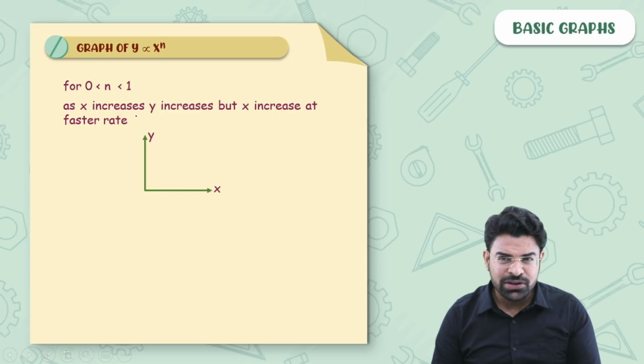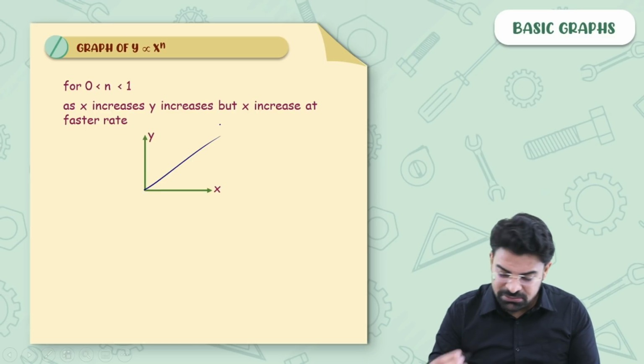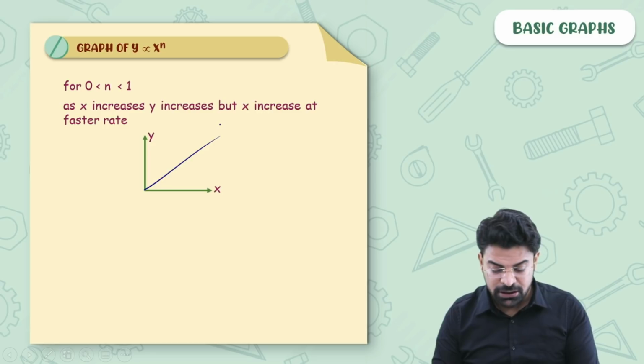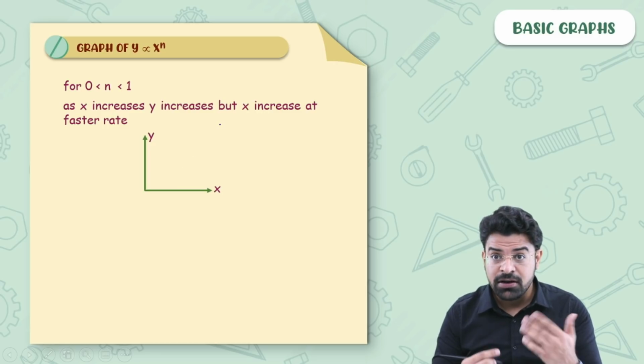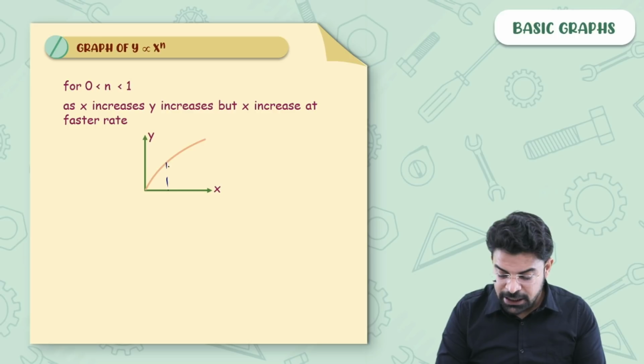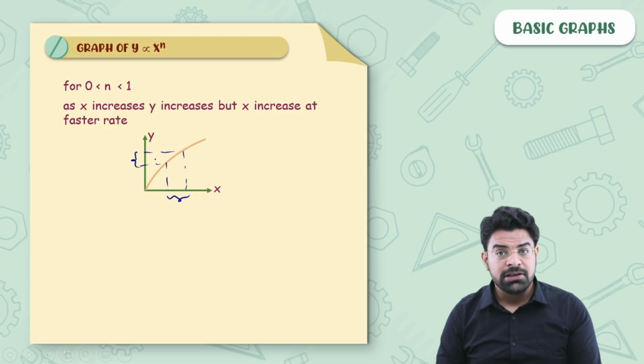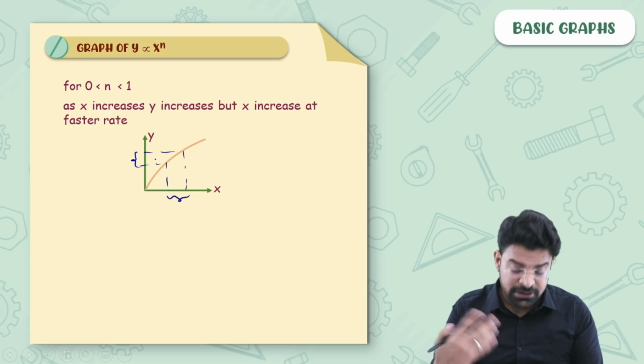Sir, x has to increase at a faster rate than y. If I write like this, then both of them are directly proportional. But we know that x has to increase at a faster rate. So the graph goes something like this. Here you can see that as y increases, x increases, but the change in x is more for a given change in y. x increases at a faster rate than y.